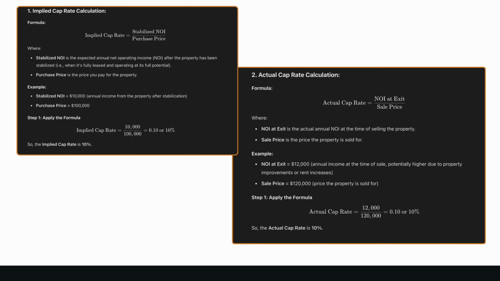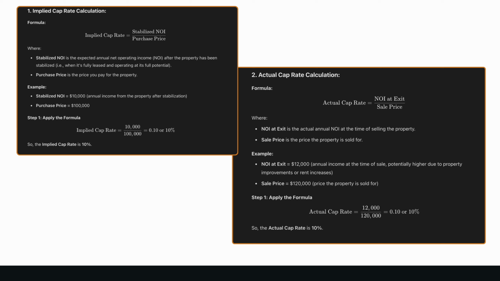For example, net operating income at exit is $12,000, annual income at the time of sale, potentially higher due to property improvements or rent increases. Sell price is, let's say, $120k dollars. The calculation, $12,000 divided by $120k dollars, is again around 10%.